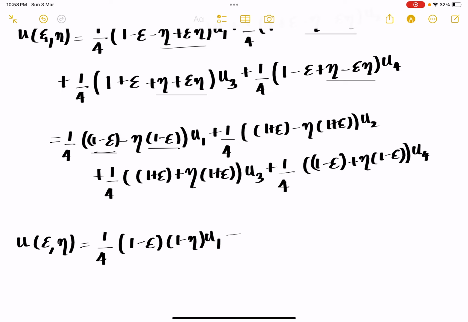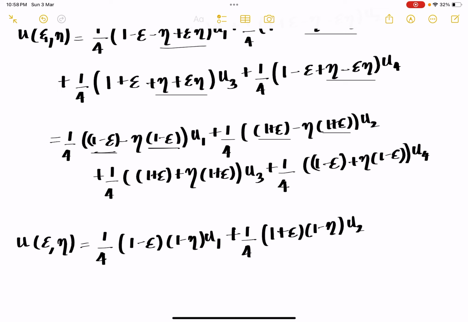Interesting. So next it is 1 by 4. If I take 1 plus epsilon from this term and 1 plus epsilon here, if you take them common outside, you get 1 plus epsilon into 1 minus eta into u2.